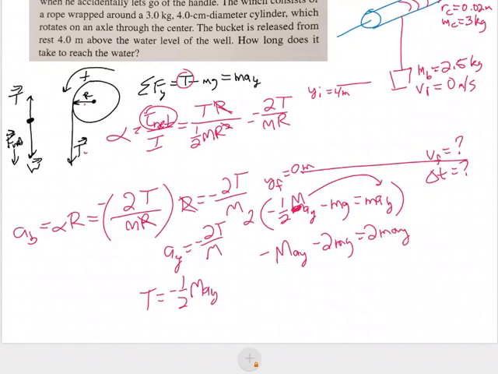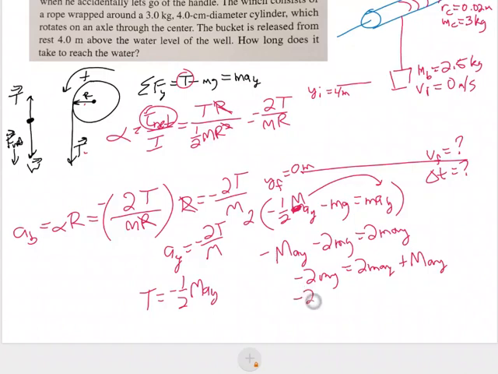Now I'm going to move that term. So I have negative 2 mg equals 2 m AY plus big M AY. Now I factor out the AY.